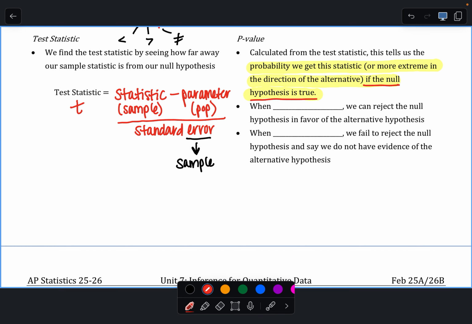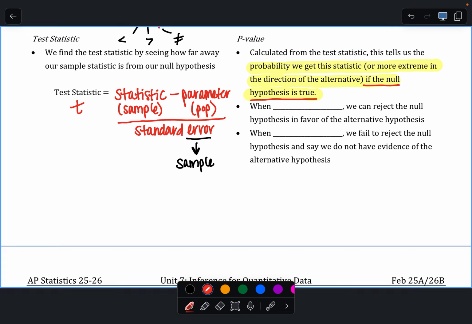So a lot of what you'll see when evaluating a p-value is: if the true mean is 5, and that's their claim, the probability of me getting an x bar like this or more extreme is the p-value. So it's basically just saying how likely is it for this sample to happen.